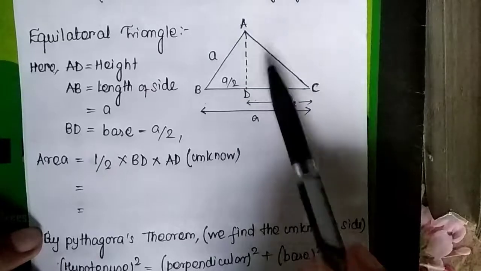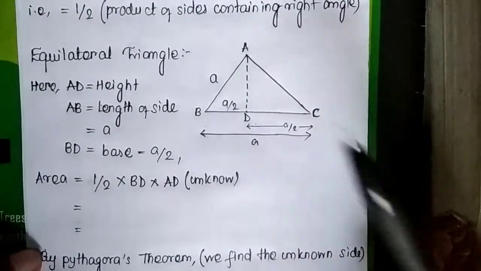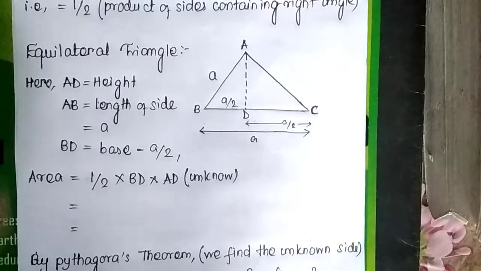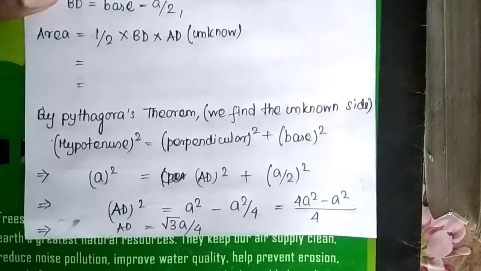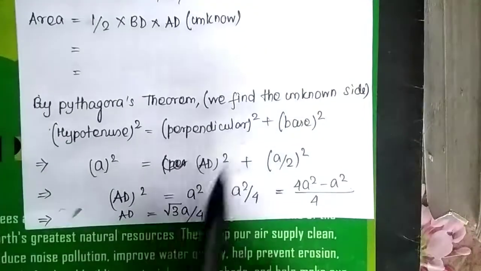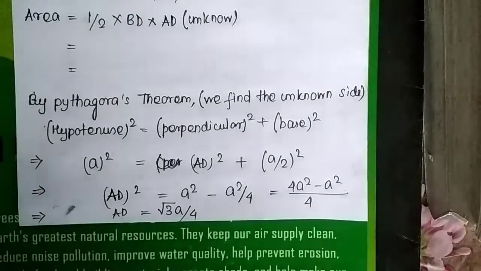In order to find the unknown side of a triangle, we use the Pythagoras theorem. By using the Pythagoras theorem, we find the unknown side. As all of us know, the Pythagoras theorem's formula is hypotenuse square equals perpendicular square plus base square.